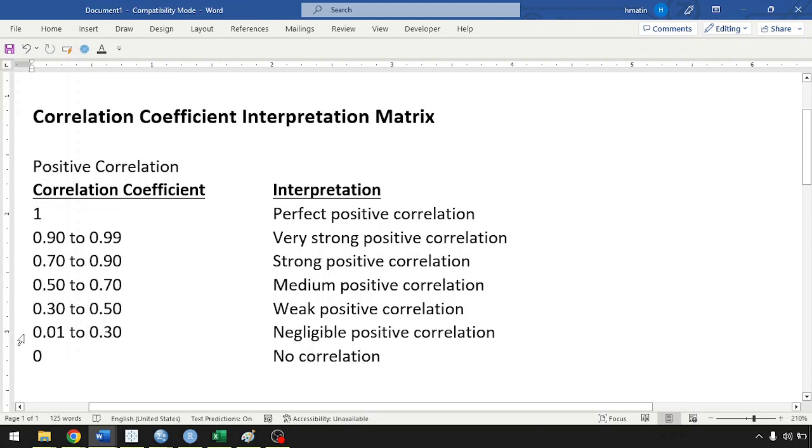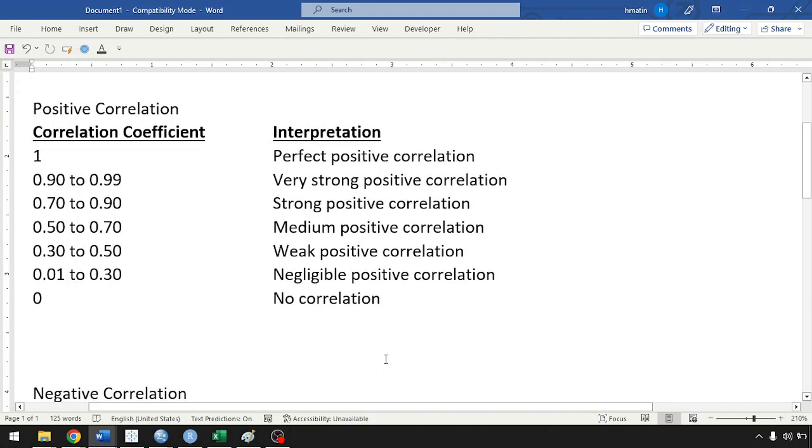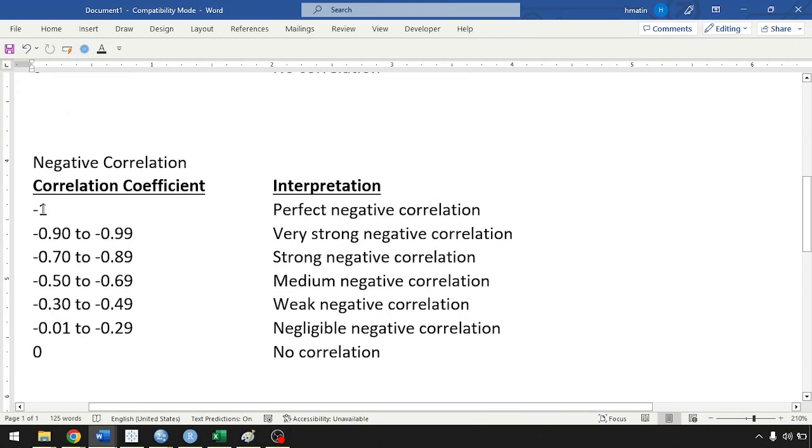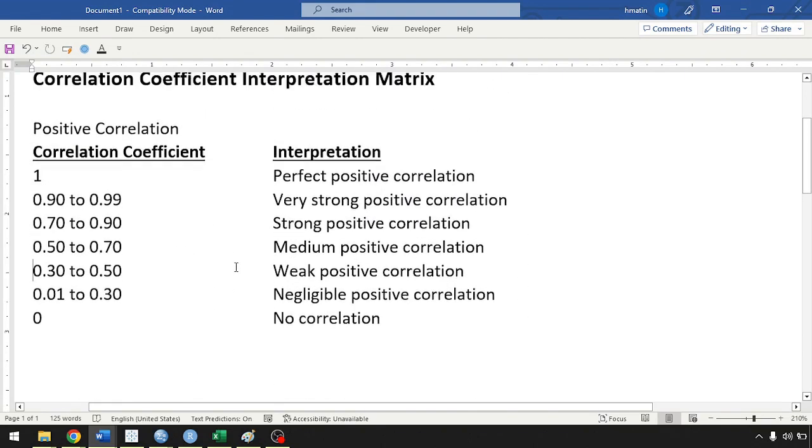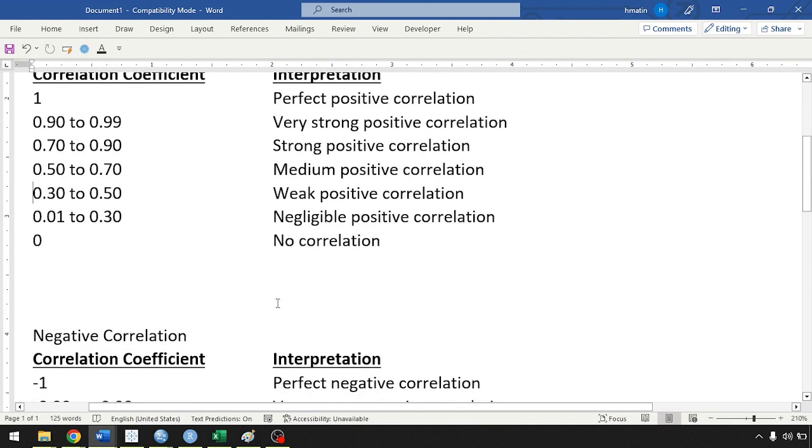If it's between 0.01 and 0.30, it's negligible positive correlation. And 0, it's actually absolutely no correlation. Same thing with the minus. If it's -1, it's perfect negative correlation, and minus 0.90 to minus 0.99, it's very strong negative correlation. And I've explained what the negative correlation and positive correlationships are at the beginning of this video.